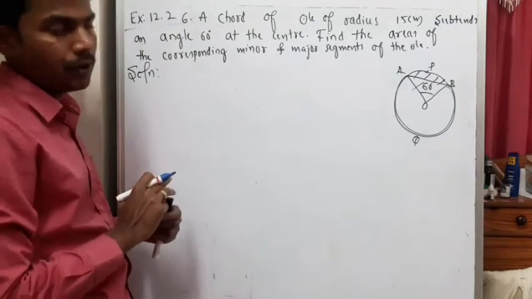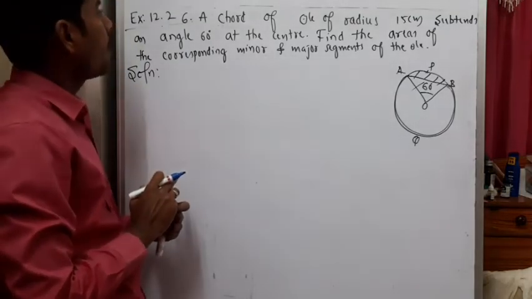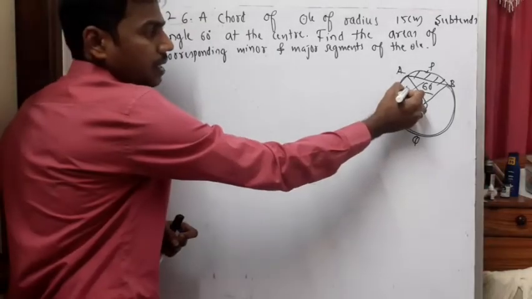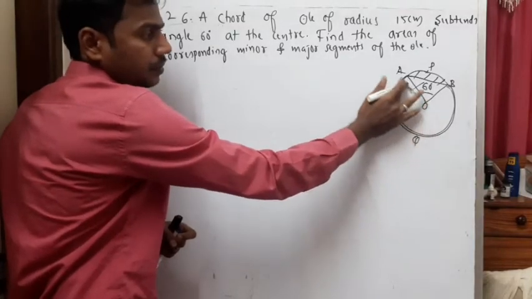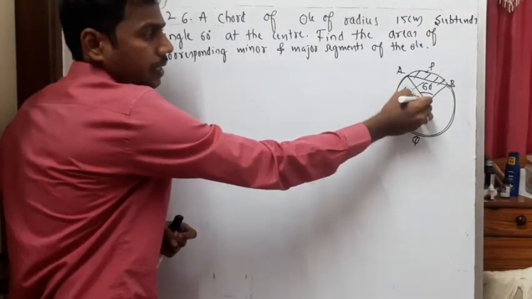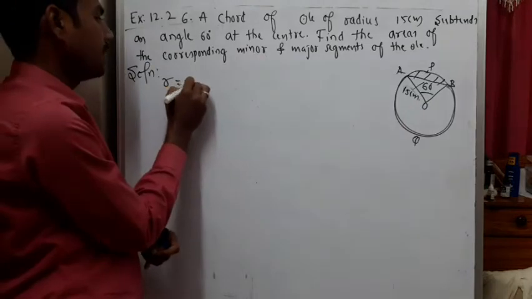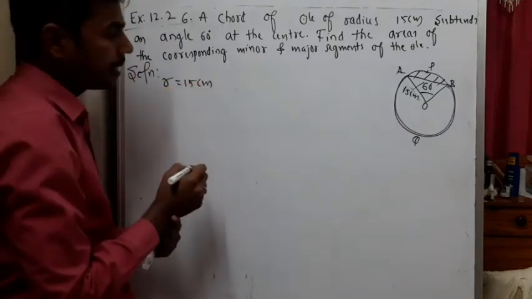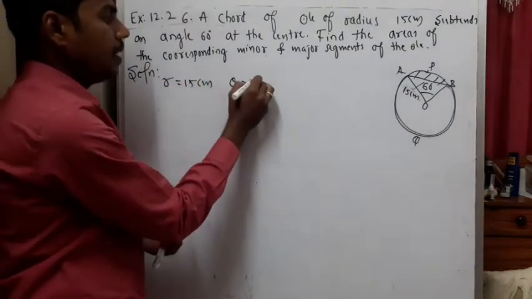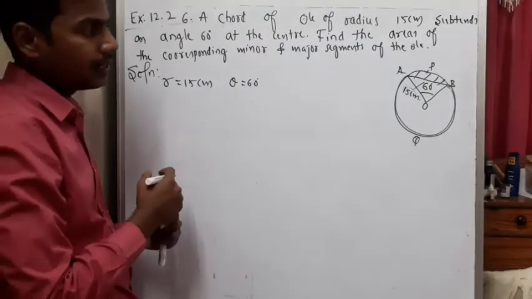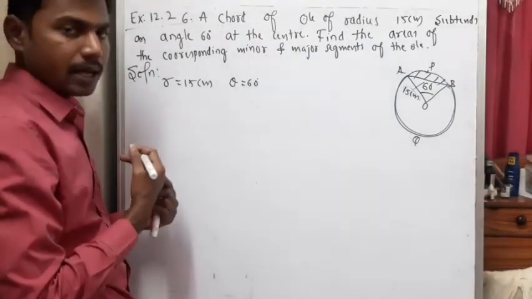This procedure we are going to follow. First, what is the radius? Radius is 15 centimeter. R is 15 centimeter. Next, theta is 60 degree. This is enough for us to calculate the areas of the minor and major segments.